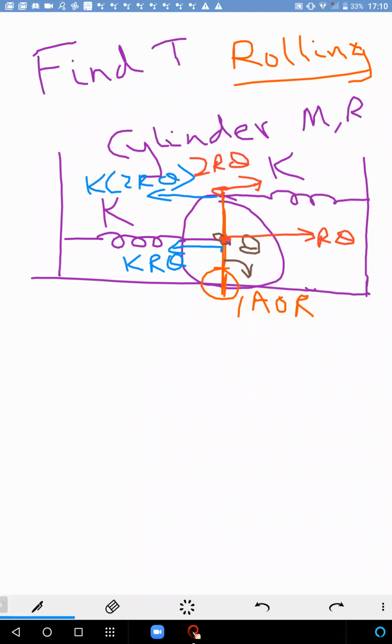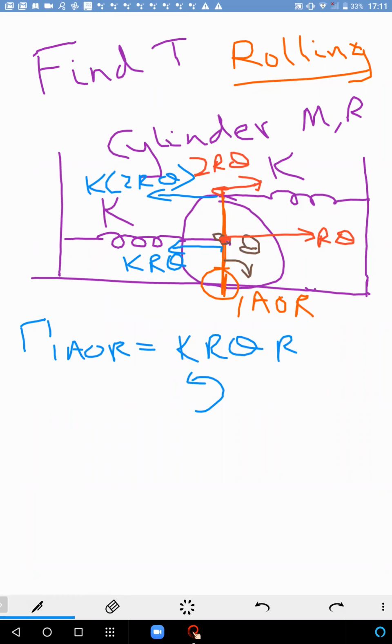Now two forces are acting, and because of both we can find the torque about the lowest point. So what is the torque about the lowest point, the torque about the IAOR? So k r theta into the lever arm, and this lever arm is r. So the torque about the lowest point is k r theta r, clockwise.